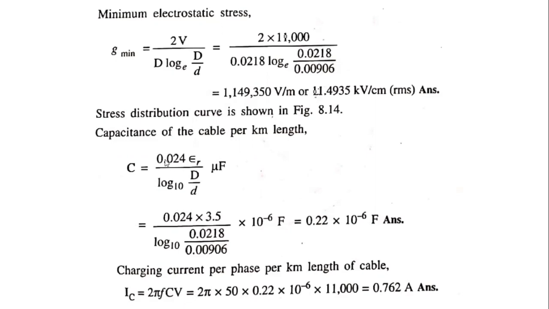Okay, these are the various formulas that will be used to solve the maximum dielectric stress and minimum dielectric stress and capacitance of a cable, and also the charging current of the cable.